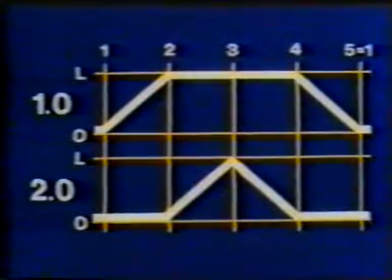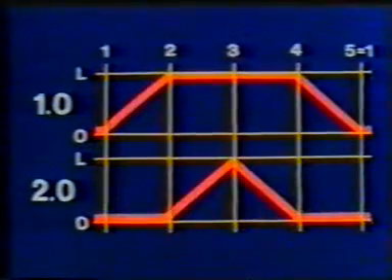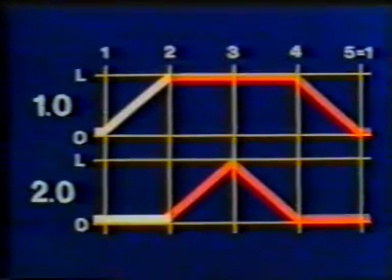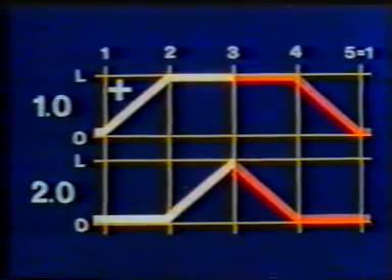We will follow this sequence of operations on the circuit diagram. Cylinder 1.0 travels out. We designate the outward motion by plus, and that of 2.0 also by plus.